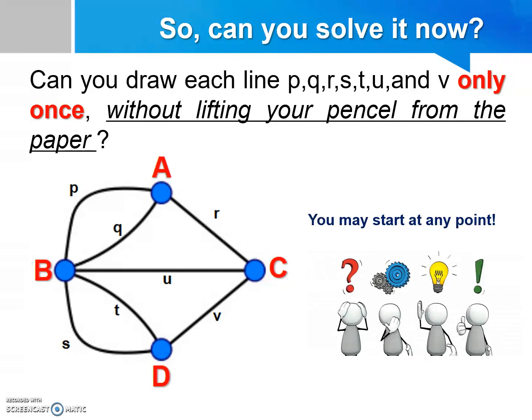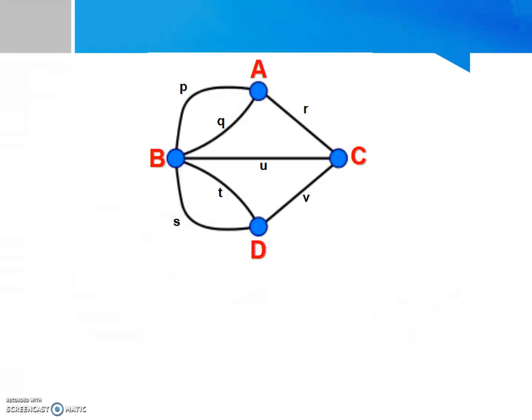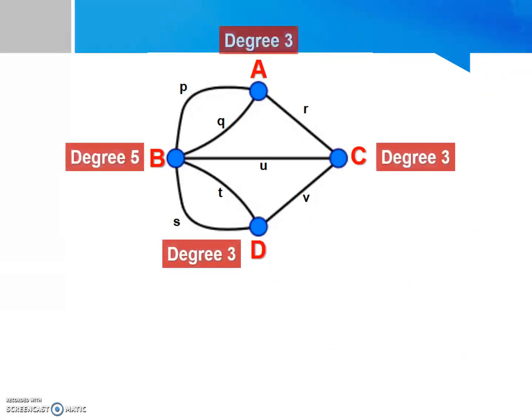Okay, let's analyze the network of roads of the Grand Parade in the Königsberg city. As we can see from the network shown, vertices A, C, and D have degree of 3, while vertex B has degree of 5.